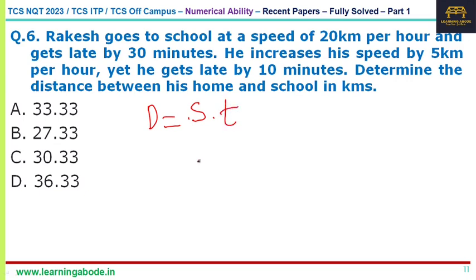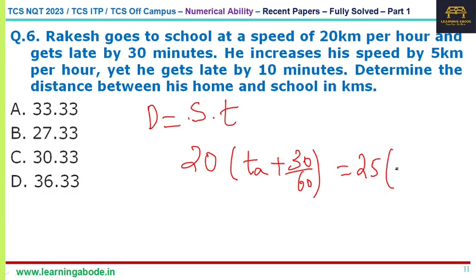The actual time taken, now this t and the t I used in my earlier method are not the same, so let me write it as ta, the actual time, plus 30 minutes. 20 into (ta plus 30 upon 60) is equal to 25 into (ta plus 10 by 60), right? So here you have to solve for the actual time, ta. Now to this ta you add 30 minutes, that is, you add half an hour, and then you multiply by 20, you will get the answer.